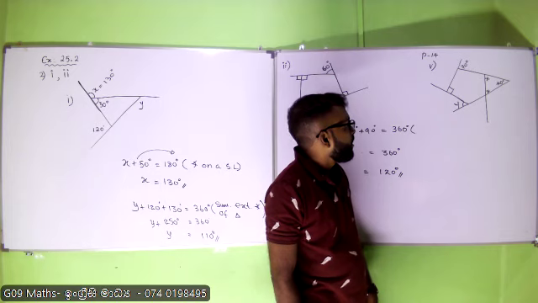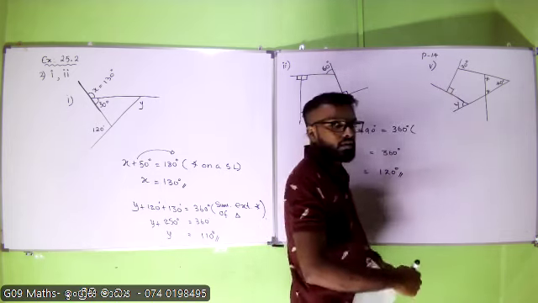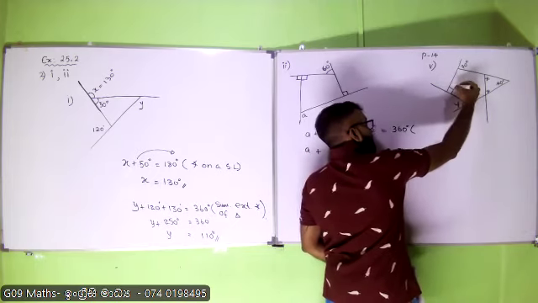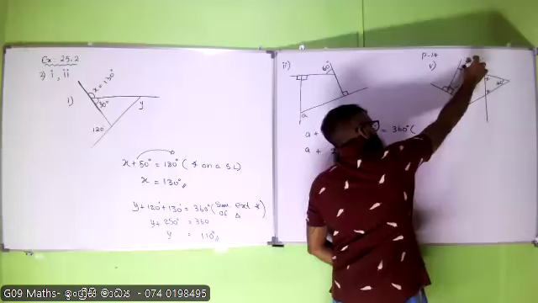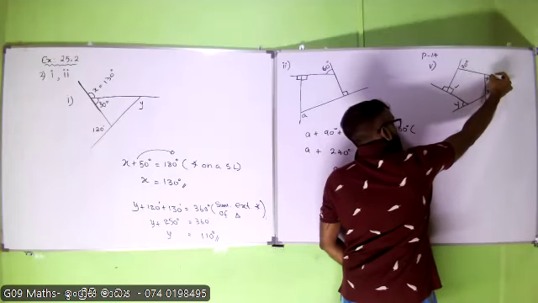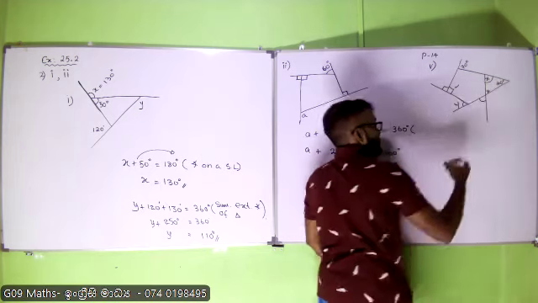So if you want to find y, you need to know this angle. If this is 90 degrees, this should definitely be 90 degrees. This is 70 degrees, right? And this is also an exterior angle, and you need to find this as well.